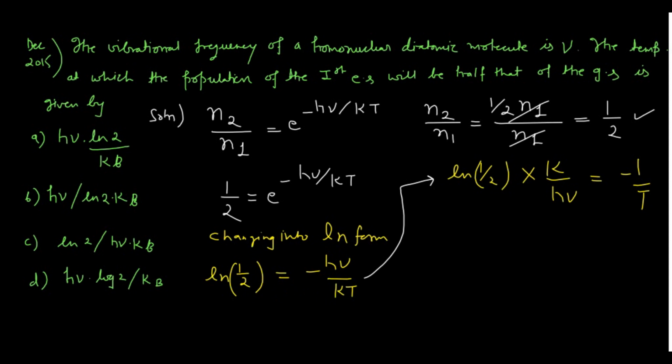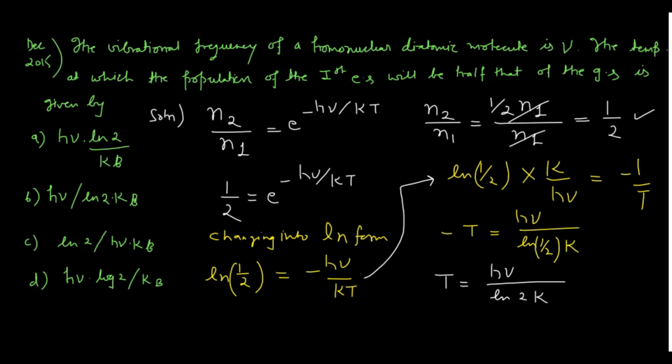So instead of 1 by T I can write T, and that will invert the expression on the left-hand side also: h nu over ln of 1 by 2, multiplied by k. If I change the sign, then I get my answer: T equals h nu over ln 2 of k.